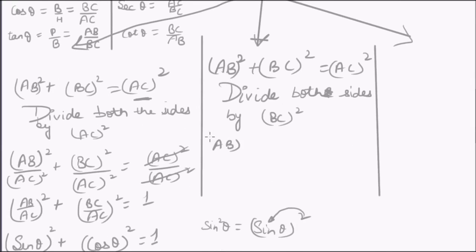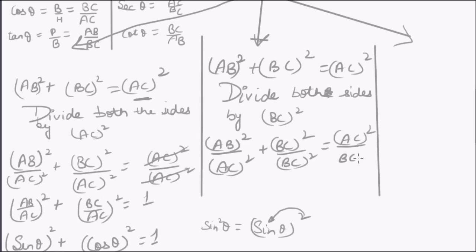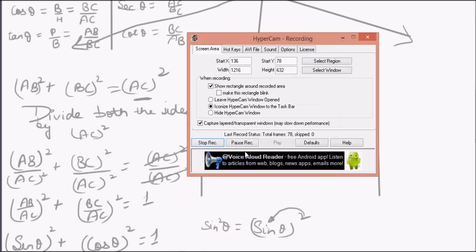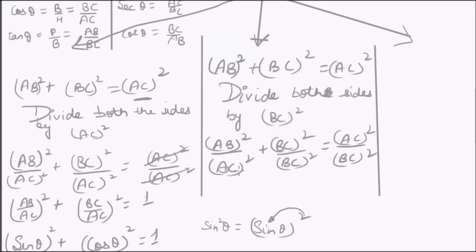So we get AB whole square over BC whole square plus BC whole square over BC whole square equals AC whole square over BC whole square. So this becomes AB over BC whole square plus 1, because both the things on numerator and denominator get cancelled, and AC over BC whole square.